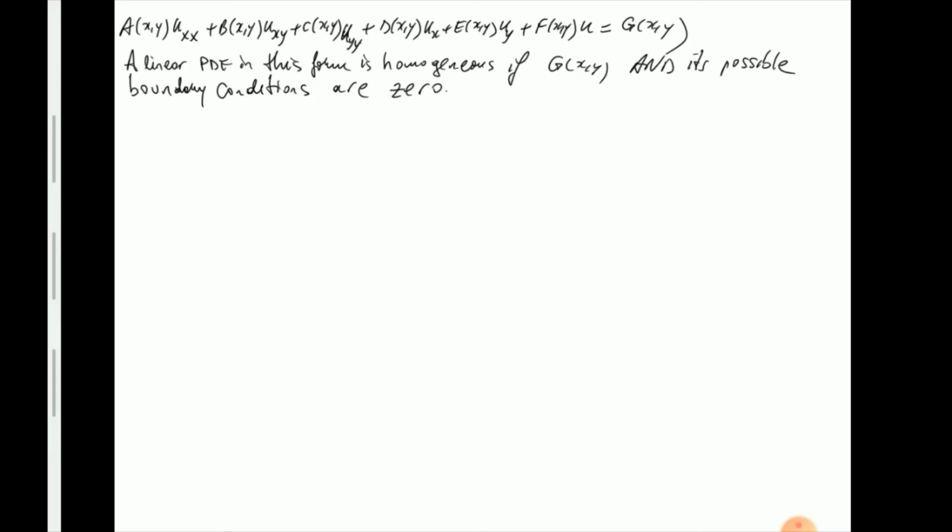So it's very important to remember that when we talk about homogeneity, whether the linear problem is homogeneous or not, the 0 requirement, what makes it a homogeneous problem, refers to both g of x, y, I mean the right-hand side of the PDE, the one that can depend on x and y alone, and any possible boundary conditions you may have.